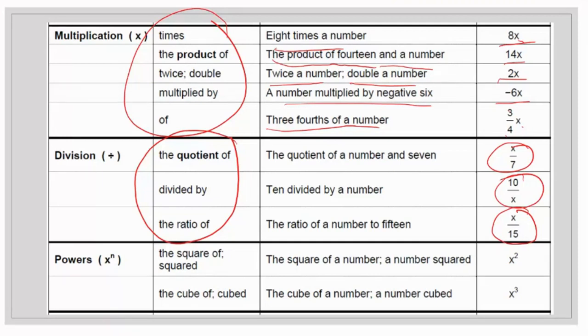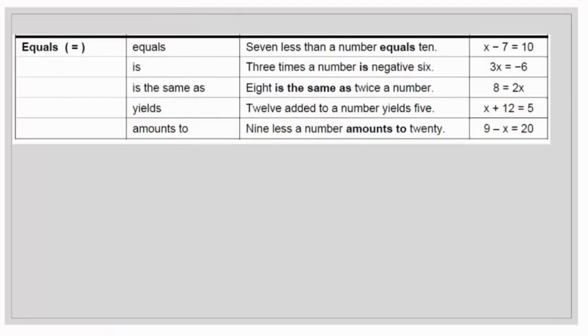Powers: a square of a number, a number squared, that will be the algebraic expression. A cube of a number is just x to the power 3. And then equals, something is equal to something. Here are the keywords.